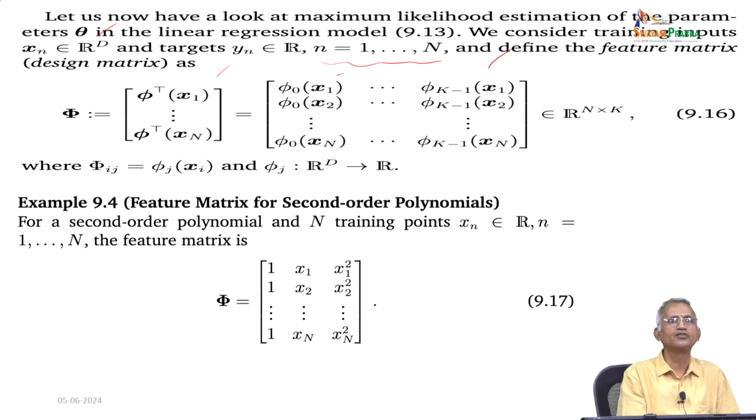So, phi naught of x2 to phi k minus 1 of x2 and phi naught of xn to phi k minus 1 of xn belongs to R power n cross k, where phi i j equal to phi j of xi and phi j is Rd maps to R.